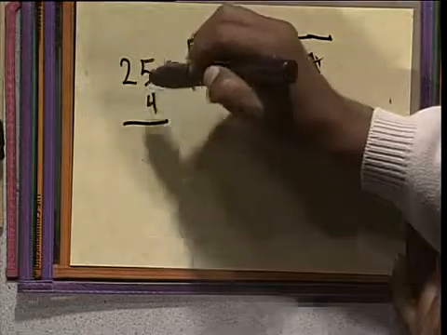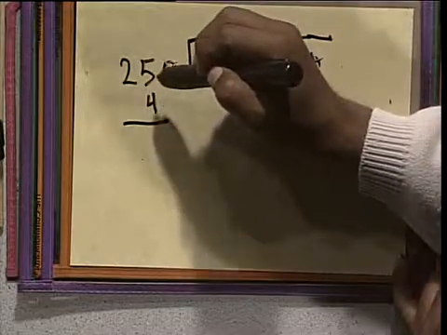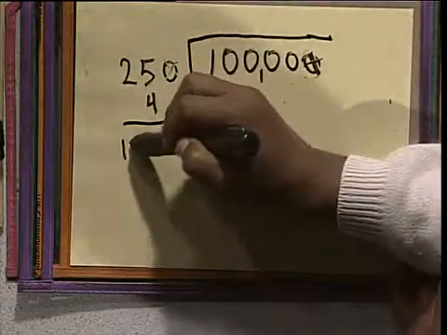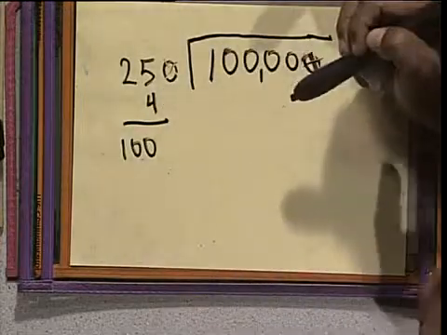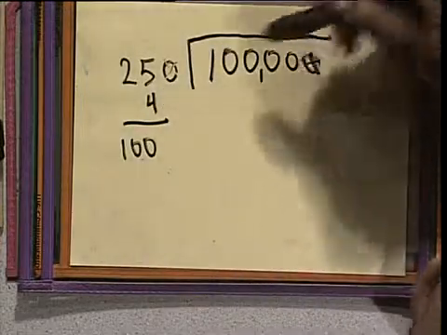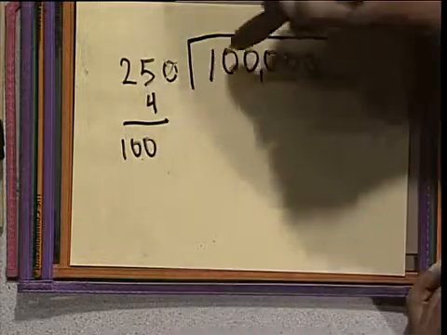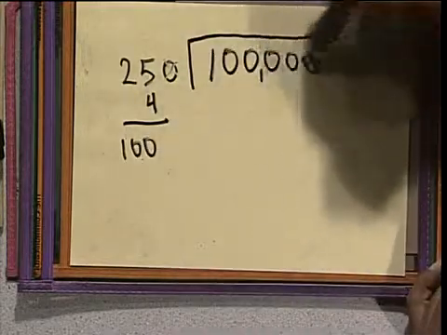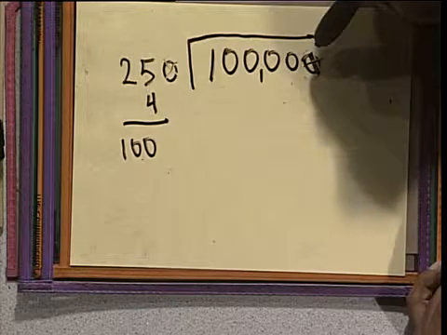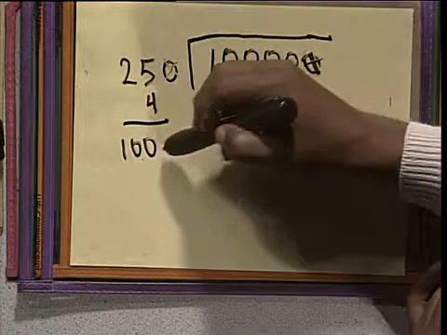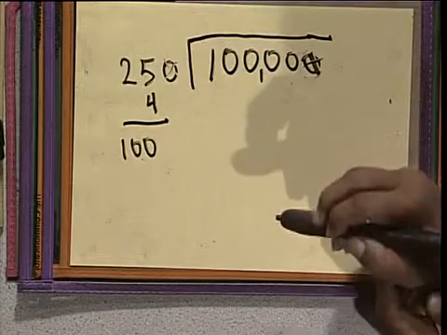So we know we're going to deal with 4 somewhere. 25 times 4 is what? 100. Now, how many more zeros must I have to get to 100,000? I got 2 zeros here. How many zeros are in 100,000? 5. So how many more zeros do I need? 3.